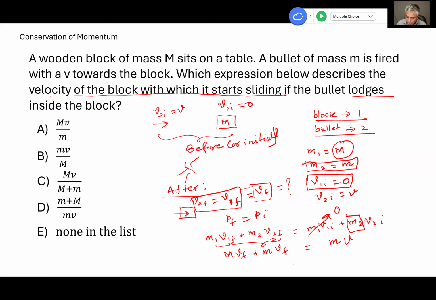So we are looking for VF, and VF is here. So we need to factor VF out. And we have M plus m, and that is mV. So VF looks like it's going to be mV over M plus m.